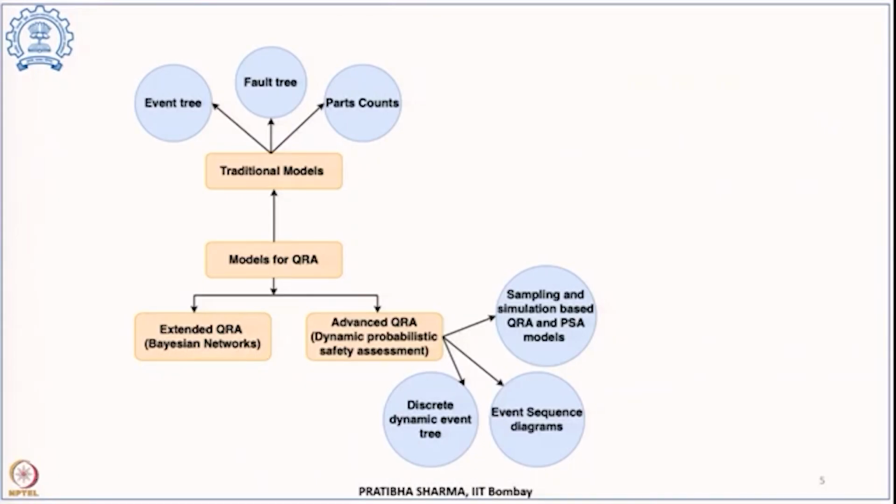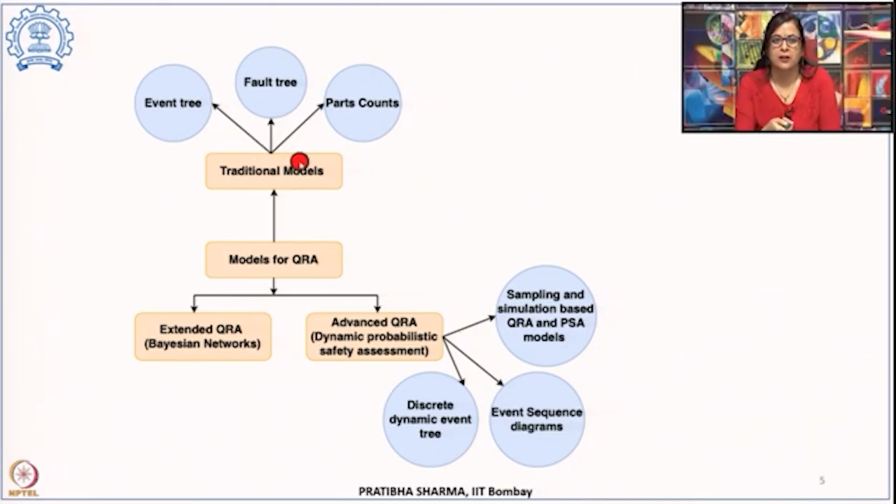Now when it comes to modeling the quantitative risk assessment, it could be a single step in QRA, or it could be integration of the different steps in QRA. There can be different models which can be used. These models could be traditional models like event tree analysis, wherein we first look at what has been the initiating step which has resulted in a catastrophic incident.